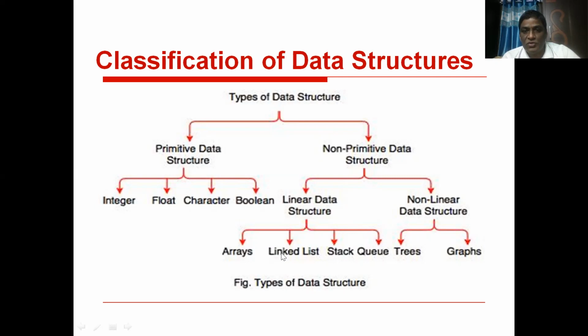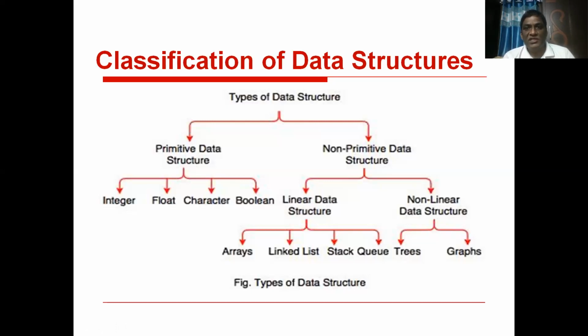Then why are these two written over here under the category of linear data structure? Because they themselves represent a linear data structure. They are used for representing all these other data structures, as well as they represent themselves as a linear data structure. So that is the reason why they are mentioned under linear data structures, right?